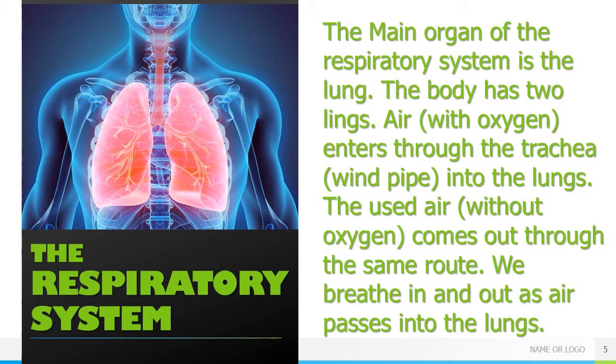Air with oxygen enters through the trachea, which is known as the windpipe, into the lungs. If you look at the screen, it is explaining it. It enters through it to the what? To the lungs. Then the used air without oxygen comes out through the same route.